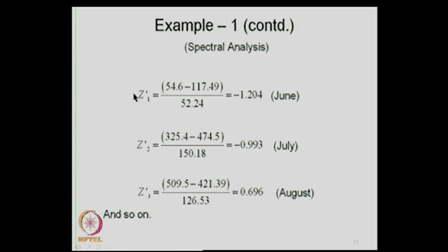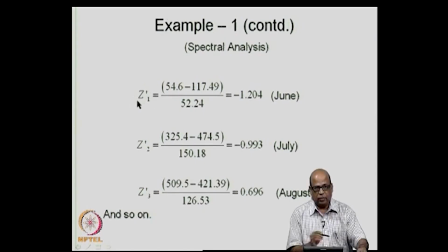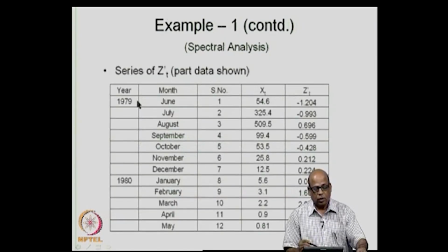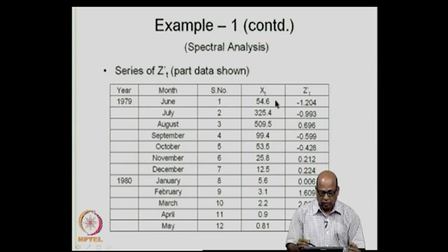So, you now have the z dash series ready. The z dash series, for example, looks like this, as I have shown just the first year values, the first 12 months. So, x t and z dash t. So, the z dash t series is like this.